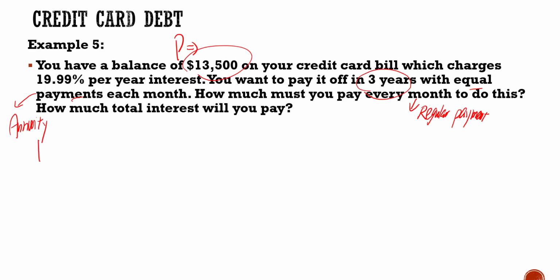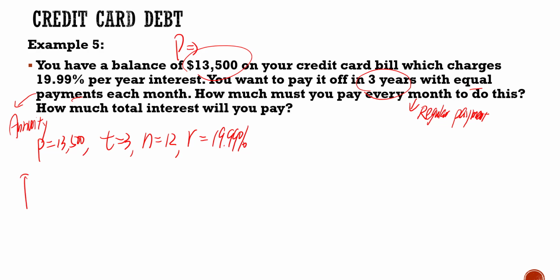So the present value is 13,500, T is 3 years, and equal payments each month, monthly payments, so the number of compounding periods here is 12. The rate is 19.99%. And then we are solving for the regular payment.